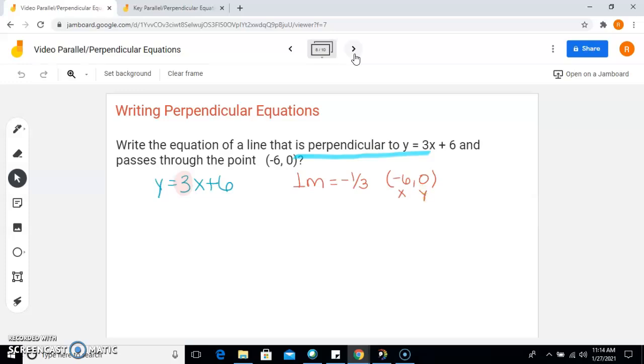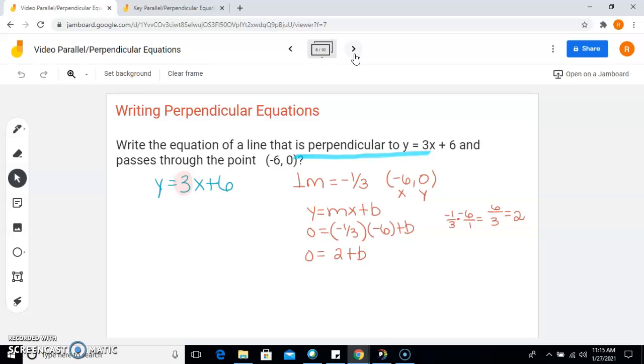To write the equation of a line, we're going to plug into y equals mx plus b. Our y value is 0, our m is negative 1/3, our x is negative 6, and b is what we are solving for. If you need to come to the side to multiply your fractions, whole numbers go over 1. Top times top would be 6, bottom times bottom is 3, and 6 divided by 3 is 2.